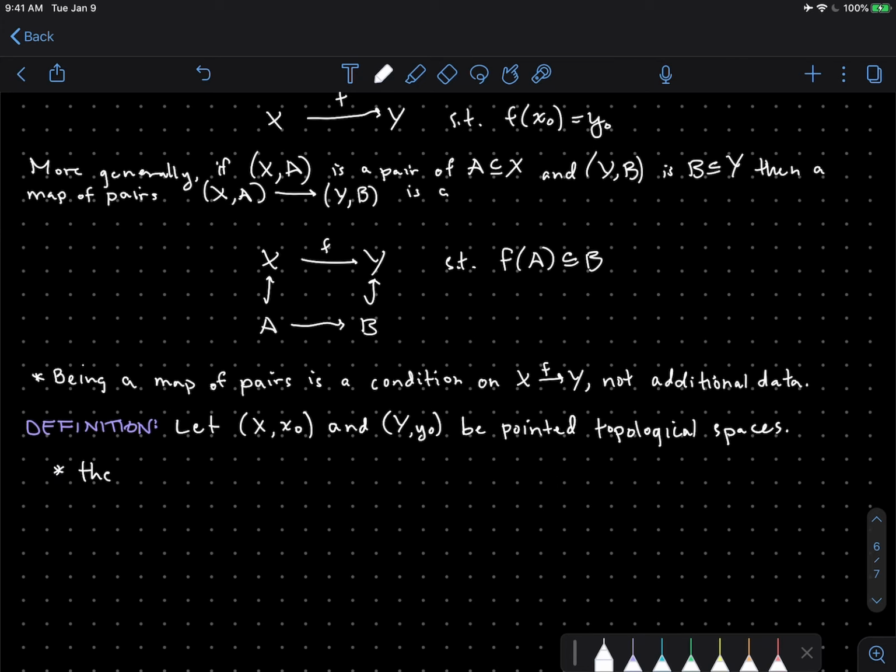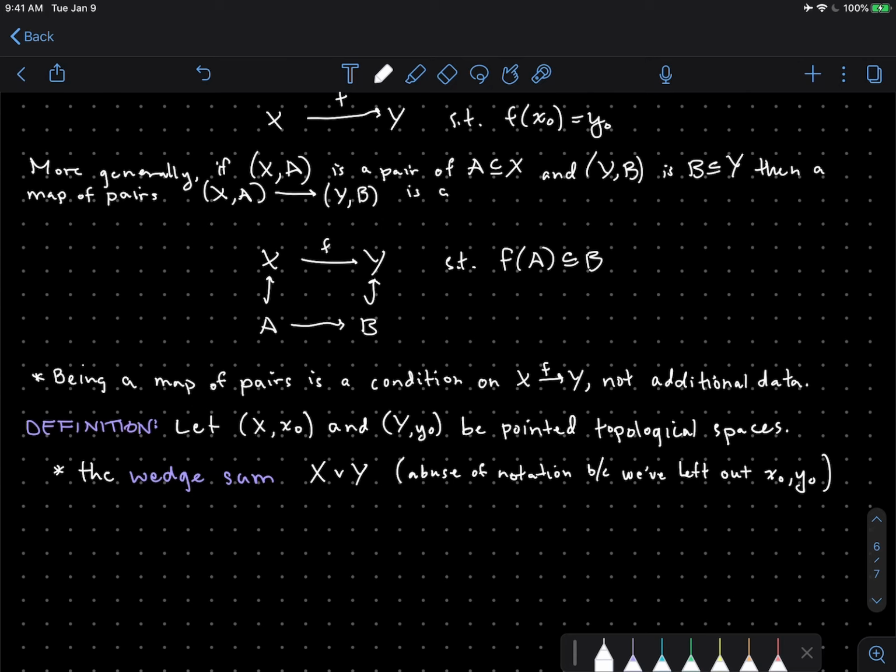First things first, the wedge sum, written X wedge Y. This is, of course, an abusive notation because we've left out the points x0 and y0 from the notation.